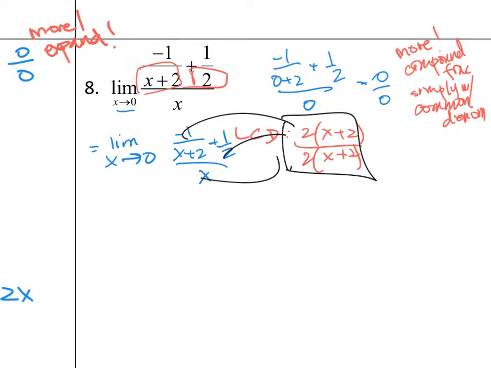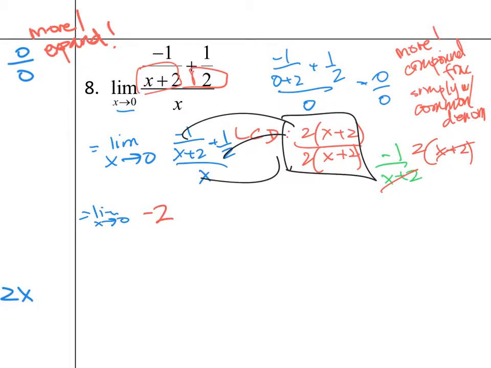Now, let me see if I can show you guys what is actually happening here. The very first term is that negative 1 over x plus 2. Now when we multiply this by the common denominator, those go to 1. We are just left with the number negative 2.